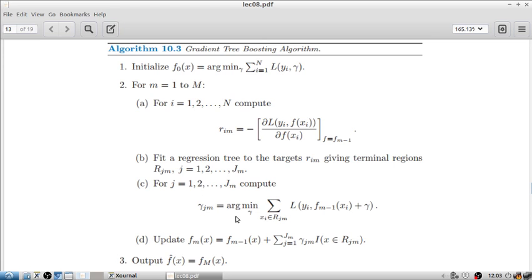So the remaining is just straightforward. Step C is just saying, given the tree regions, I want to compute the coefficients of the regions. Just like in the tree, once you have the regions of the tree, you also need to compute the coefficients. You have to recompute it because it's a different loss function.